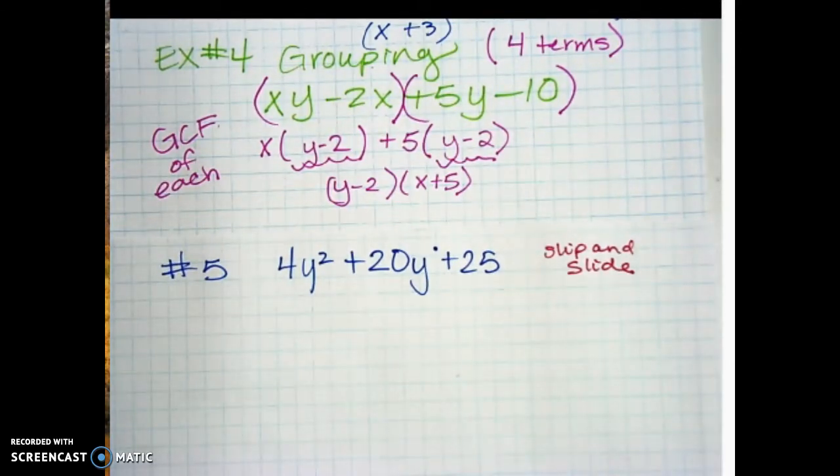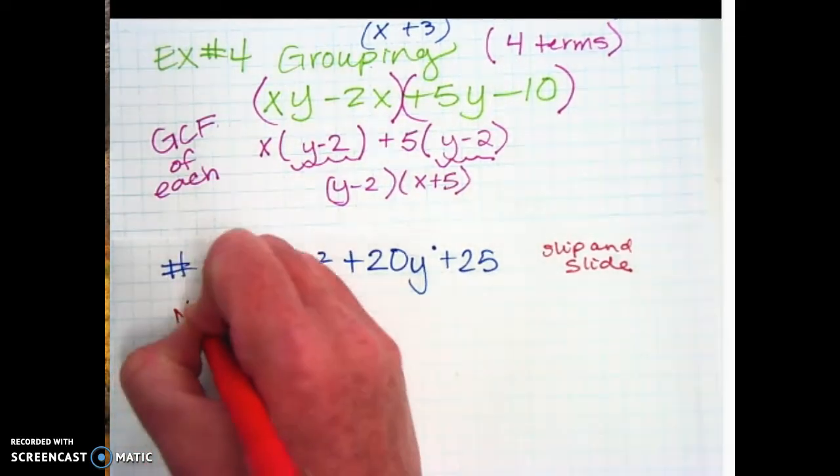Is there a GCF? No. Now, there isn't one, but usually if there's a leading coefficient, that probably is the GCF. Like if you have a 3 out front, it's likely that it is. But in this case, it's not.